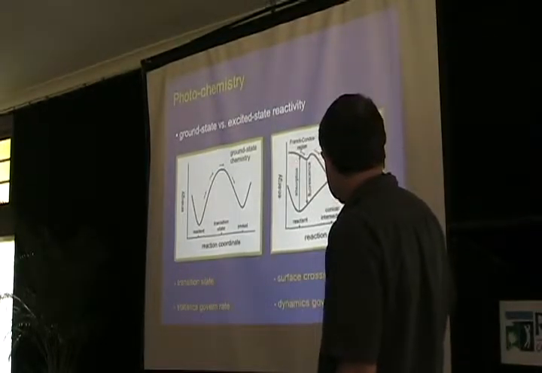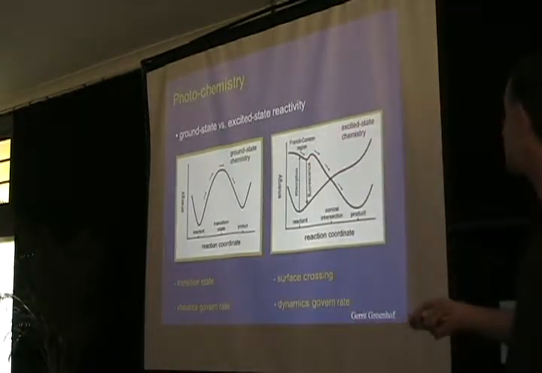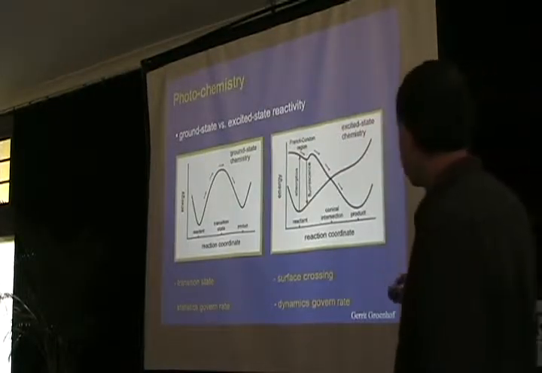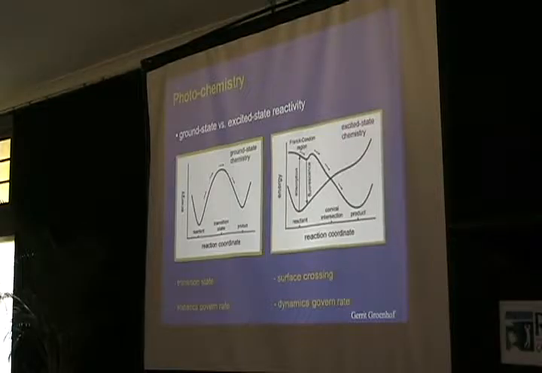And what we want to do during these calculations is a dynamic surface hopping technique. So we will be calculating as we excite the system onto the excited state, and we go through the region of these conical intersections that Seth was talking about, that we'll be trying to calculate the probability of jumping back to the ground state and doing the whole process dynamically.